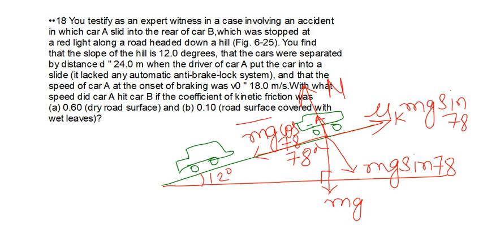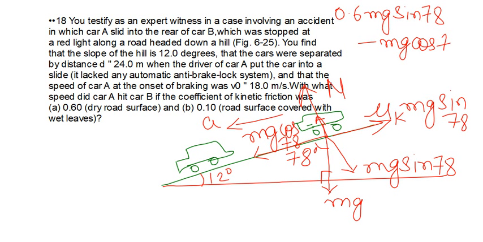Suppose the acceleration of car A is towards left and if that is a. Now the equation that we can write is mu k mg sine 78, so that becomes 0.6 mg sine 78 minus mg cos 78 equal to minus ma.